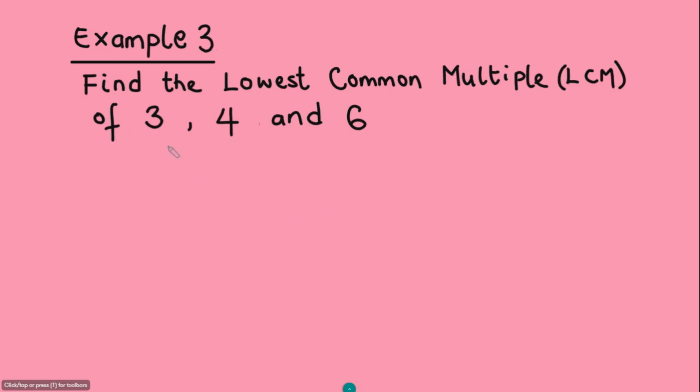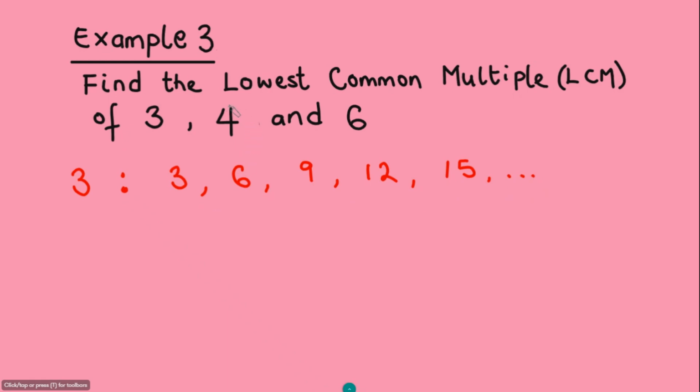So first, we'll list the multiples of 3. The multiples of 3 are 3, 6, 9, 12, 15, and the list continues.